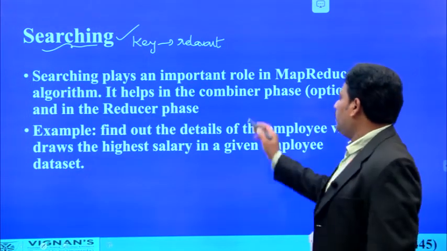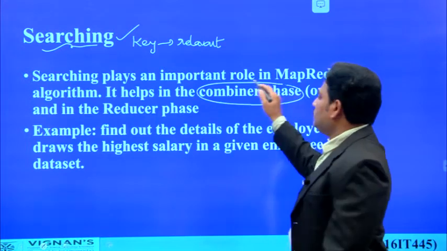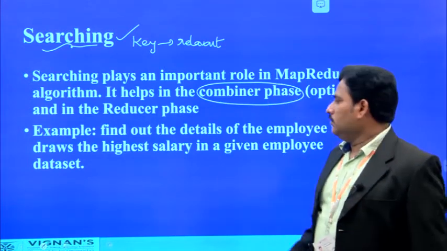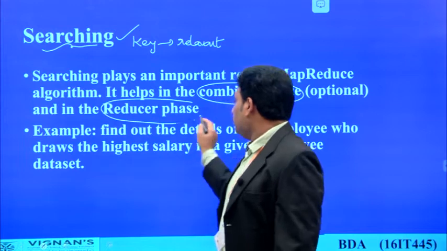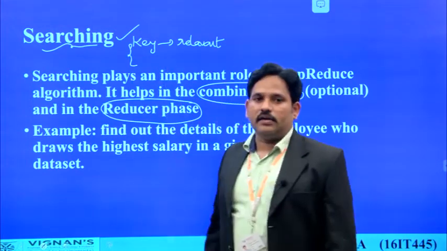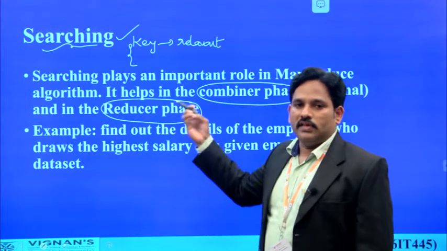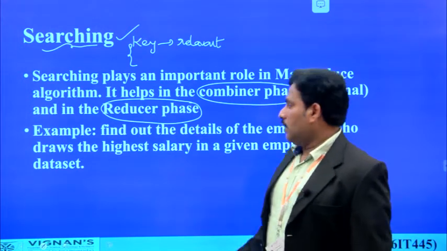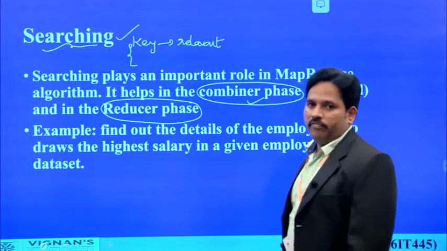It helps in the combiner phase and in the reducer phase. So that means to know what the same key value data are, and to find the same key value data in order to combine in a combiner phase.